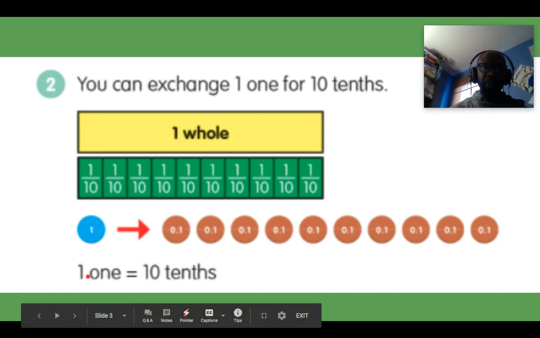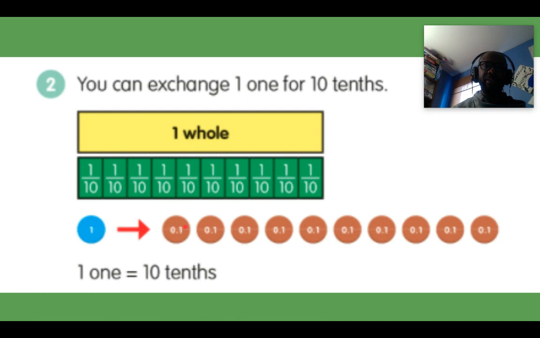One whole equals 10/10. If we had our number chips and we had a blue one, we would trade them in for 10 brown ones, which are the tenths. 1, 2, 3, 4, 5, 6, 7, 8, 9, 10. Any questions? Are you raising your hand? Okay, I'll answer questions on the other slide.